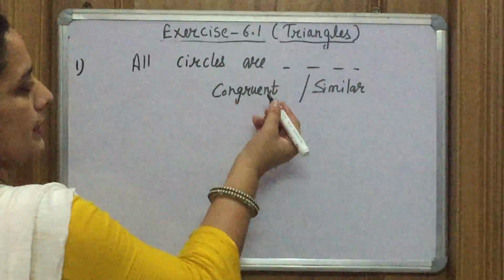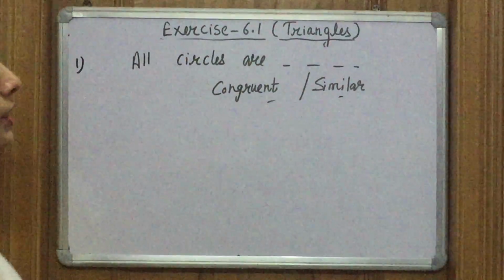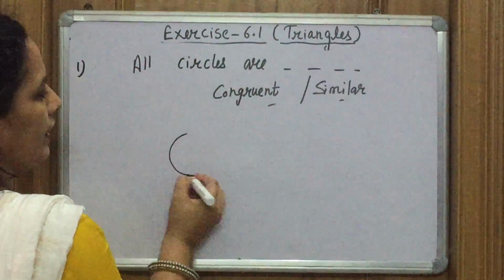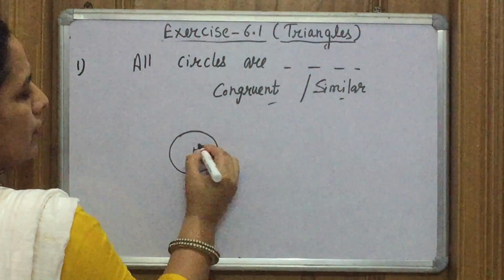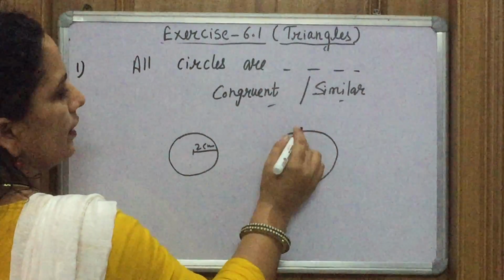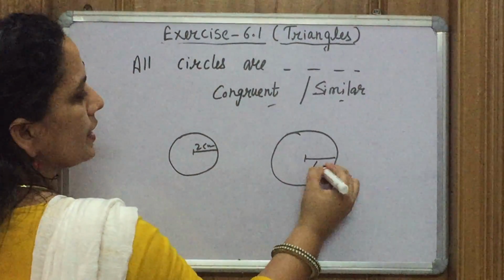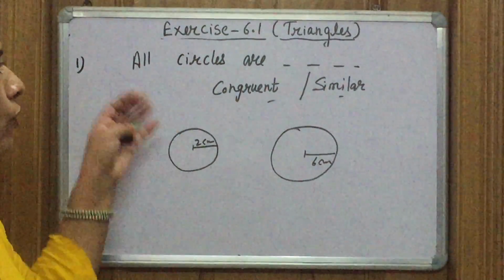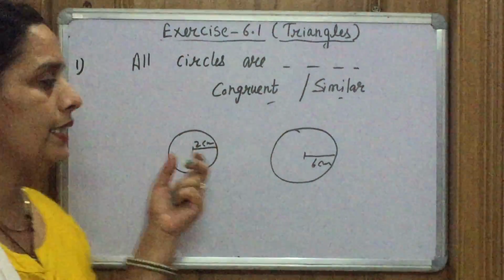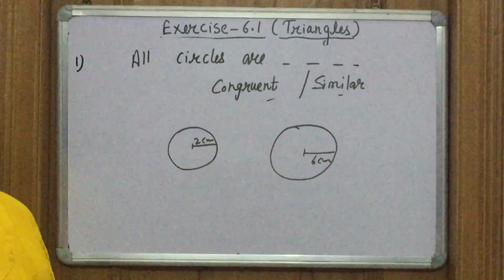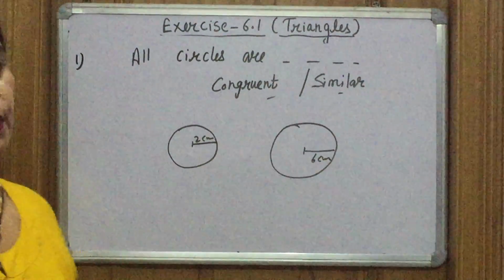So just check the definition, just apply the definition on circles. If we take any two circles, radius 2 centimeter, and another circle with radius, suppose, 6 centimeter, now just apply the definition. For congruency, the radius must be equal because in the congruent definition all the sides and all the angles must be equal.